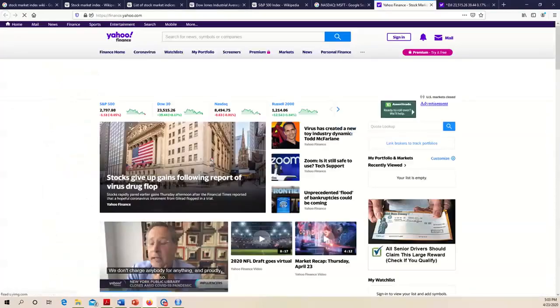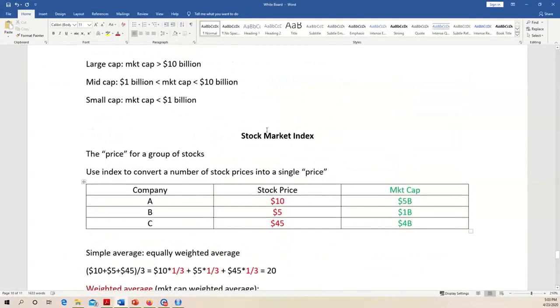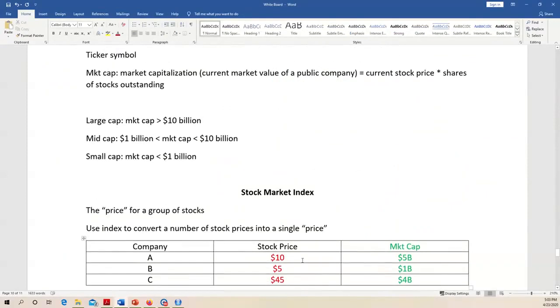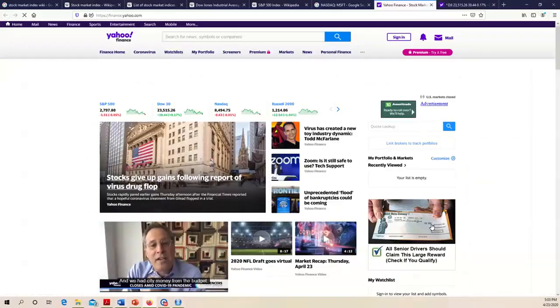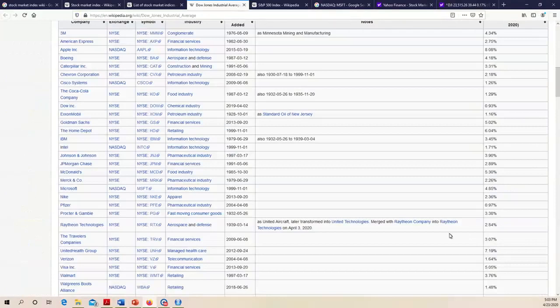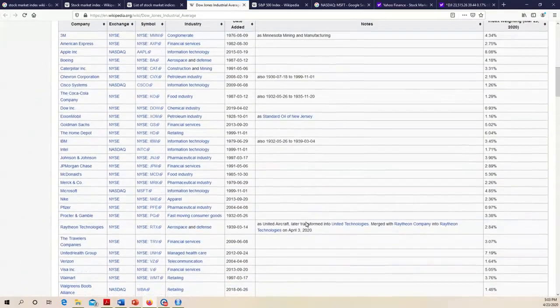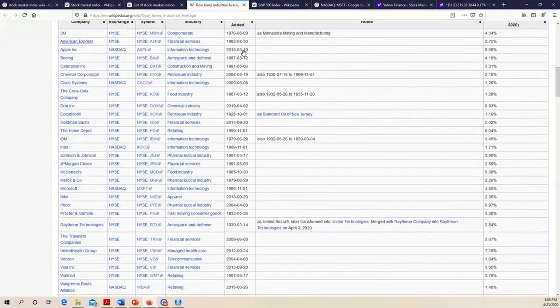Okay, see, a stock market index is the price for a group of stocks. For the Dow index, it's the price for a group of 30 largest historical American corporations: Goldman Sachs, IBM, JP Morgan Chase, McDonald's, Microsoft, Nike, and Pfizer.